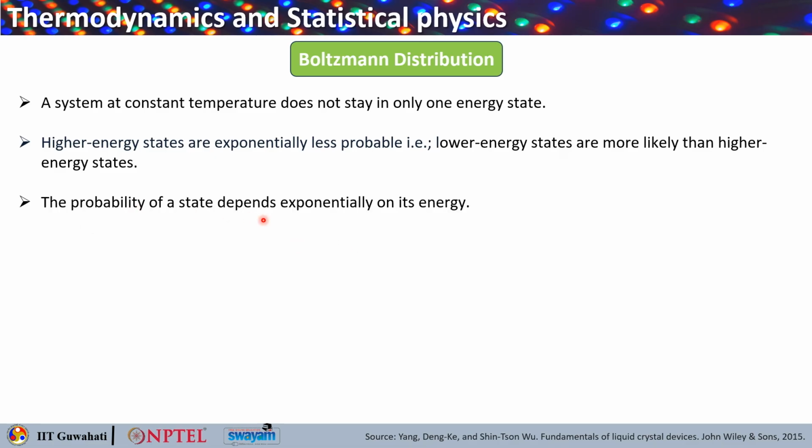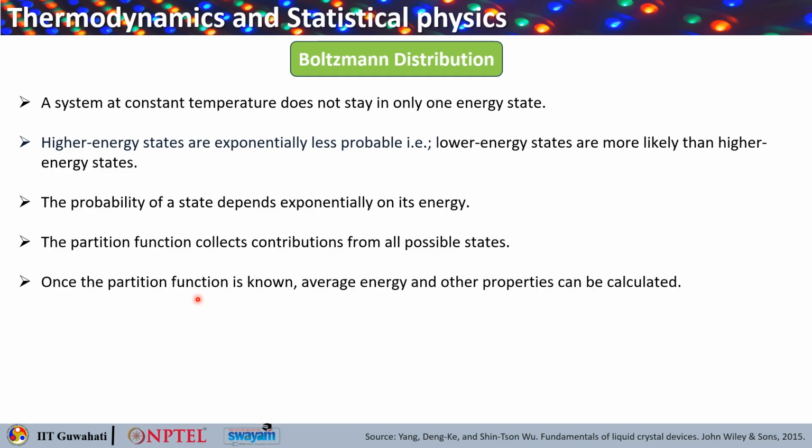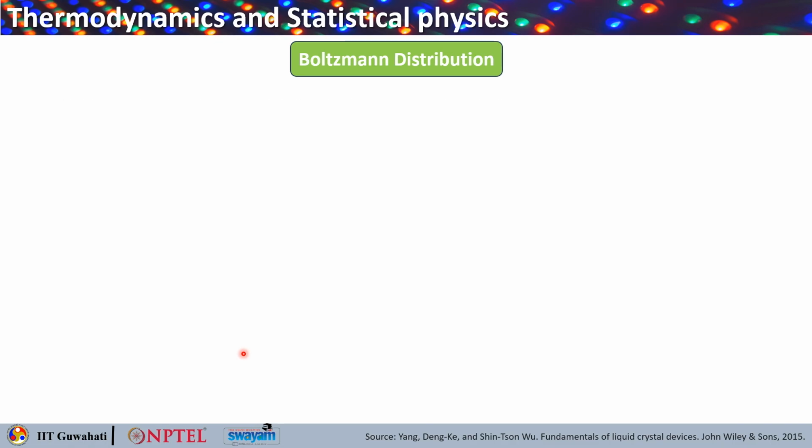The probability of a state basically depends exponentially on its energy, and the partition function basically collects contributions from all possible states. And once you know this partition function, average energy and other properties can be calculated. We will see this in the subsequent slides, do not worry. So, this idea is very important for molecular orientation in liquid crystals, and that is why we are studying this.